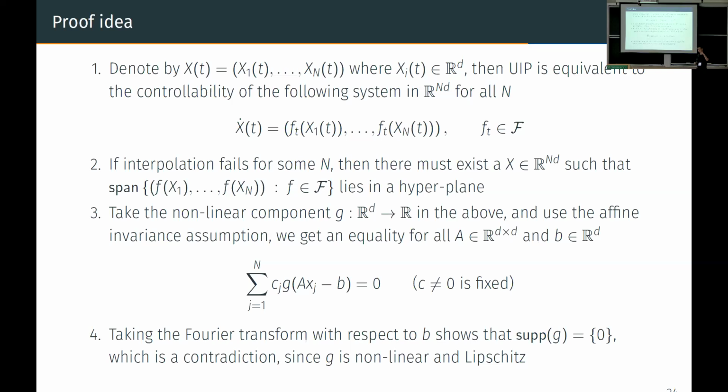If it lies on a hyperplane, then from the nonlinear function in your control set, you can form some sort of equation that holds for all translations and affine transformations. Now you can take the Fourier transform of this with respect to all your translations, which is b, and you show that the support of the Fourier transform has to be 0. In other words, it's a polynomial, and you assumed that your system is nonlinear and Lipschitz, so that's a contradiction. All right, so that's basically how you prove it.